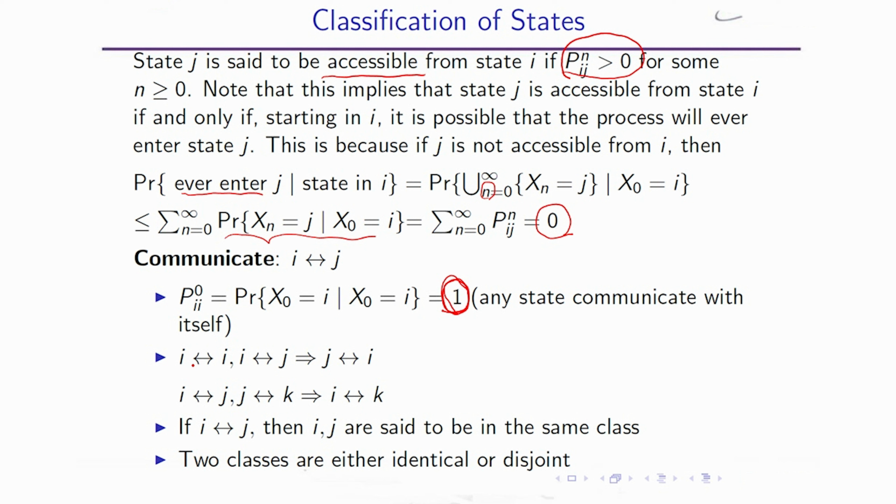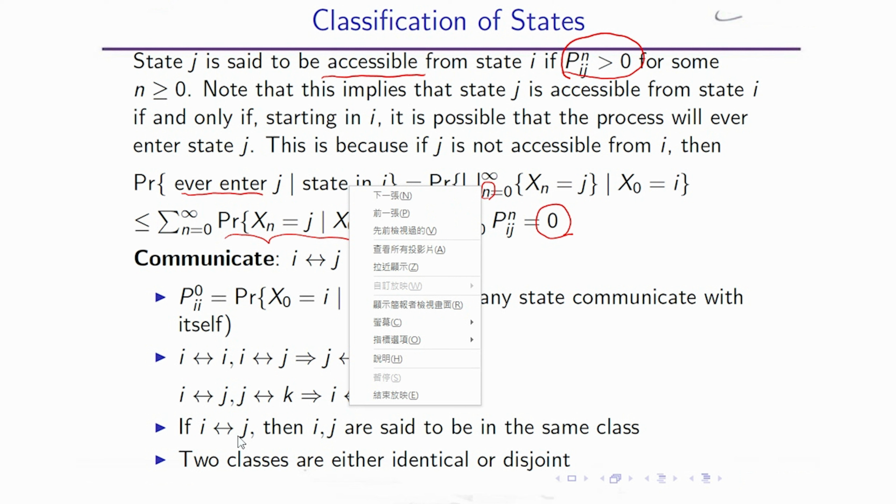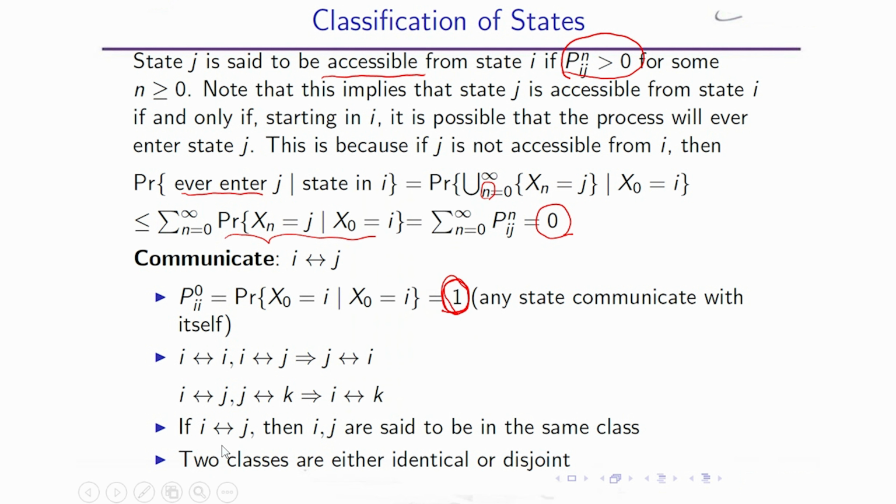The second property is that if i communicates with j, then j communicates with i. Or if i communicates with j and j communicates with k, then i communicates with k. Also, if i communicates with j, then i and j are said to be in the same class, and two classes are either identical or disjoint.